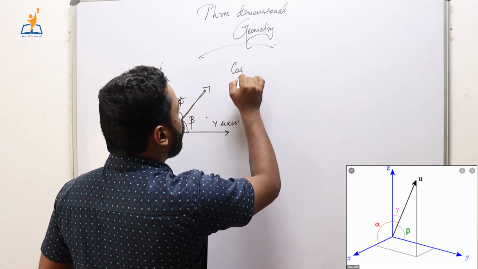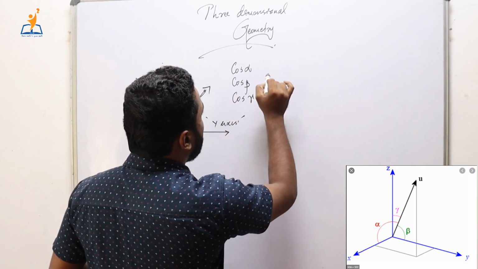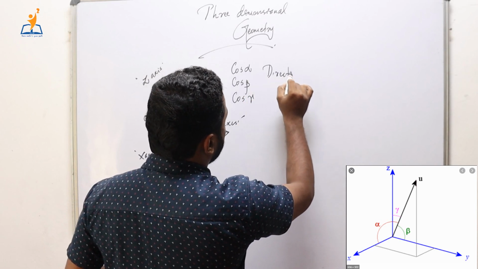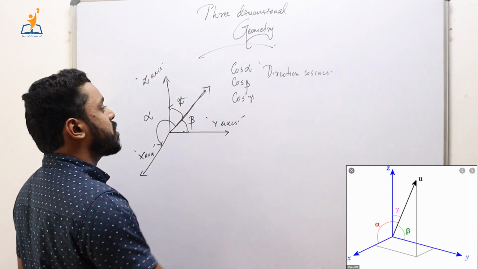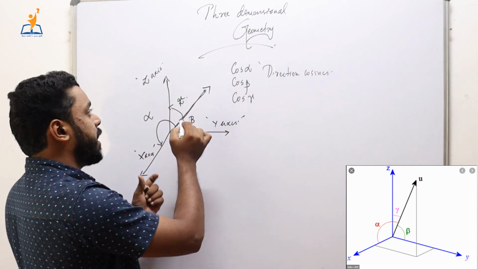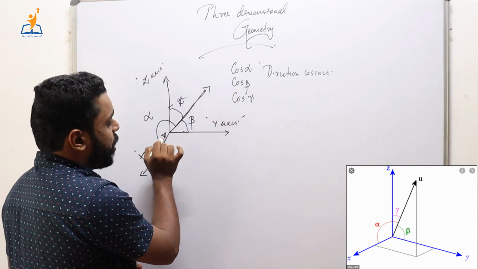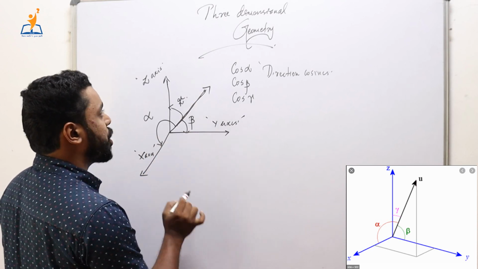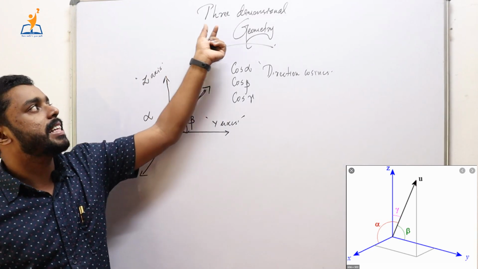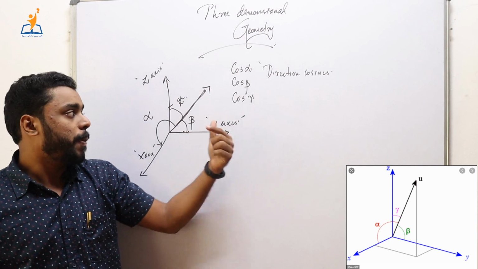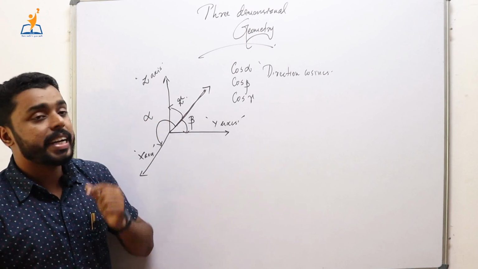Then we defined cos alpha, cos beta and cos gamma as the direction cosines, because they show the direction as well as the position of the vector with respect to the 3D plane. 3D means three dimensions. We have an x dimension, a y dimension and a z dimension. So we call this system 3D geometry, because we are going to define various geometrical shapes in this 3D plane.